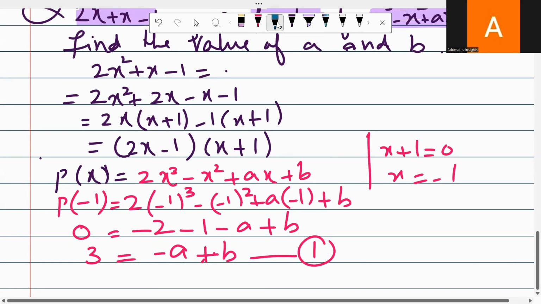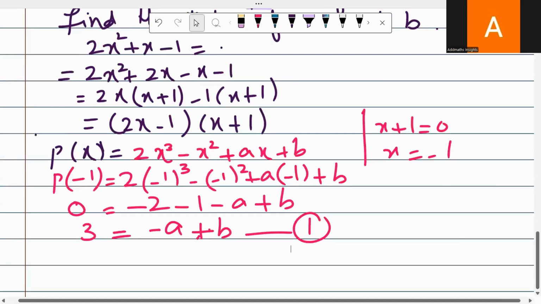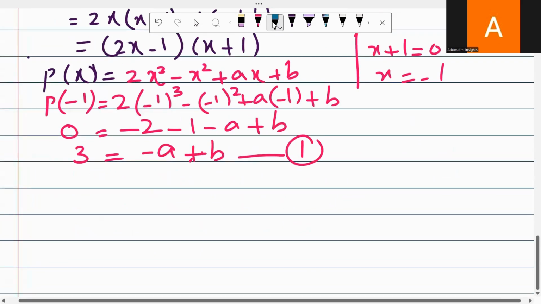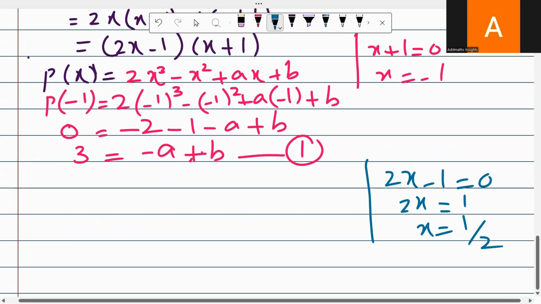Now, secondly, you will take the second expression, which is also a factor of the cubic polynomial. You find the value of x, which is 1 by 2 now, and now you substitute this value in the given polynomial, which is 2x cubed minus x squared plus ax plus b. Now you substitute the value.